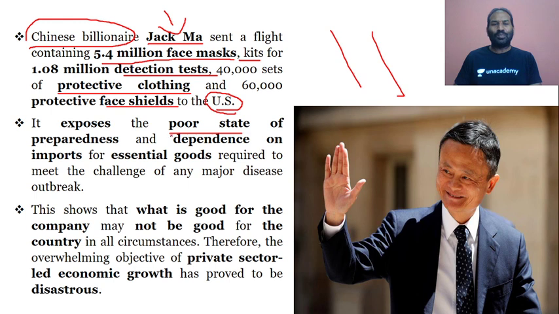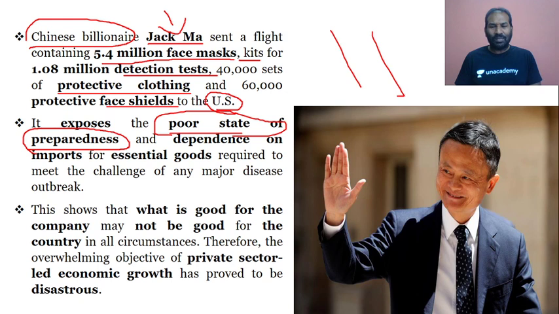It exposes the poor state of preparedness. Complacent. They were all thinking that they are economically stronger. They're all developed economies, so whatever they need, they will get it whenever they ask.